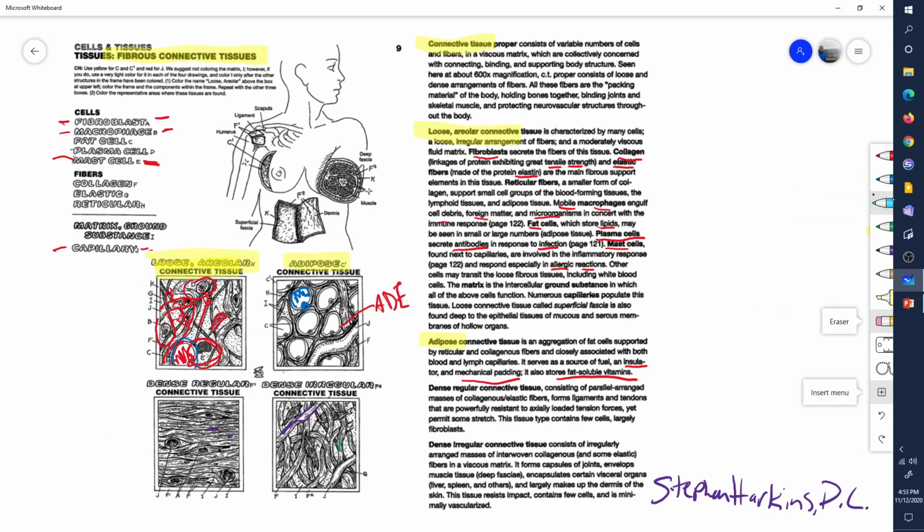Perhaps when we think of connective tissue, the most common thing we think of is this dense, regular connective tissue. Notice the difference between this tissue here, how it runs in parallel, these long parallel strands of collagen and elastin, collagen and elastic fibers.